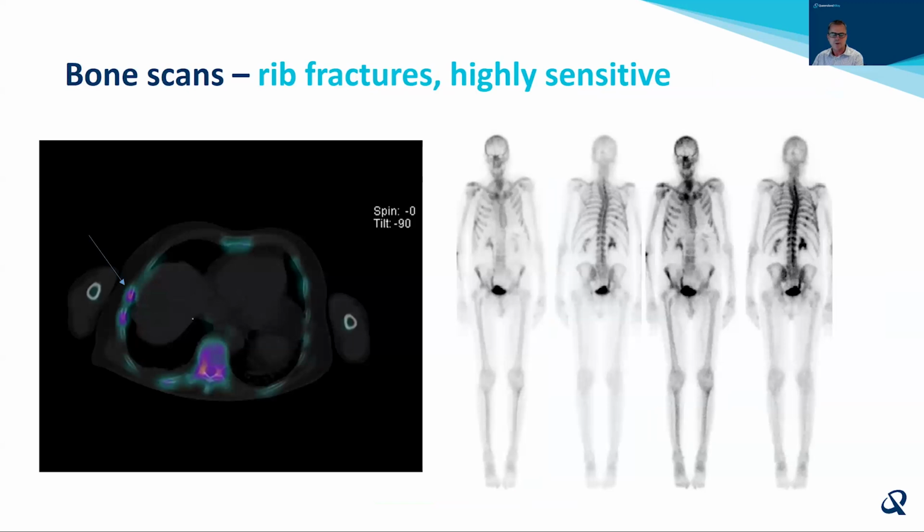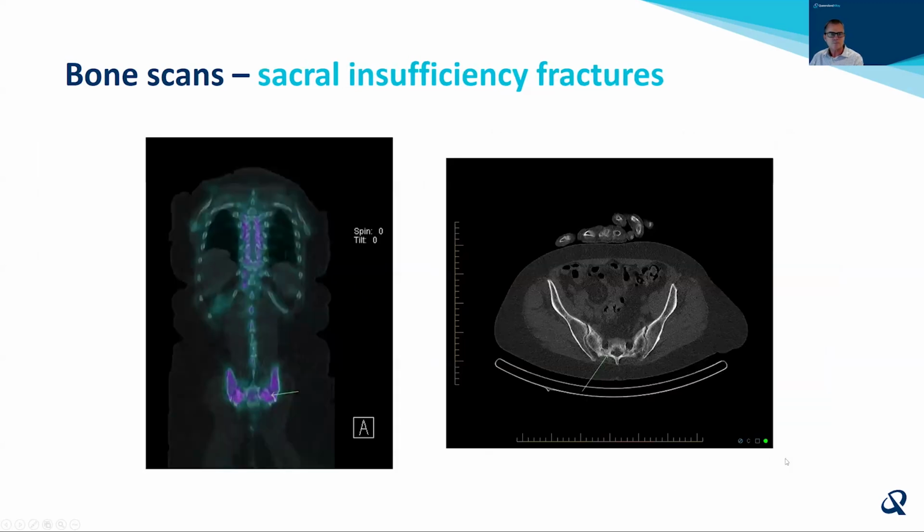Another useful thing for bone scans is the diagnosis of rib fractures. Rib fractures are often missed on chest X-ray, and also if they're not displaced, they can be missed on diagnostic CT, but bone scans are highly sensitive and they always light up. As I mentioned, sacral insufficiency fractures are commonly missed.